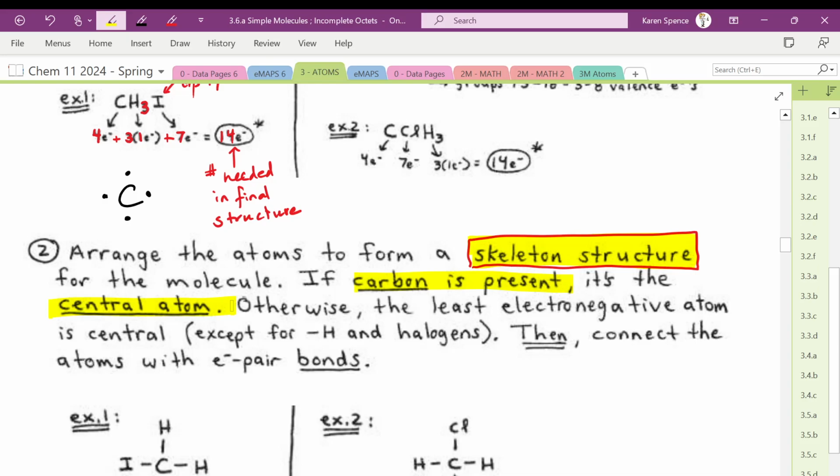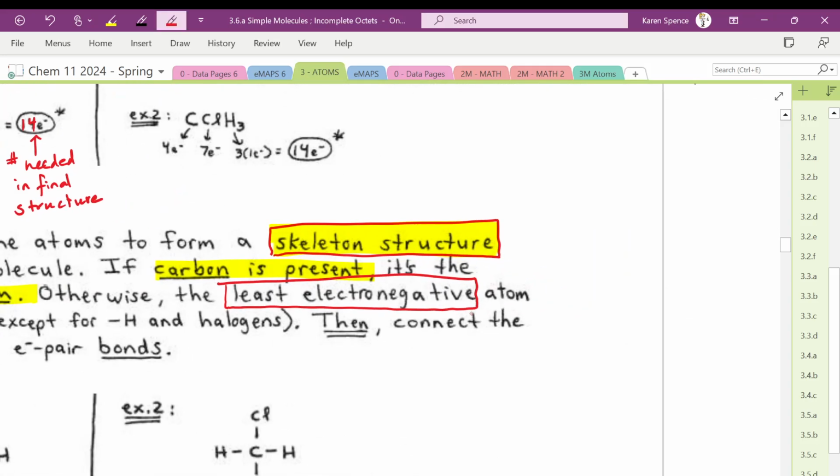Otherwise, now this is a word you probably don't know, the least electronegative is central, which means the furthest to the left and the furthest down on the periodic table.